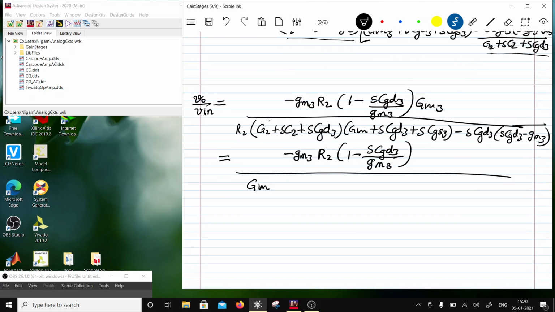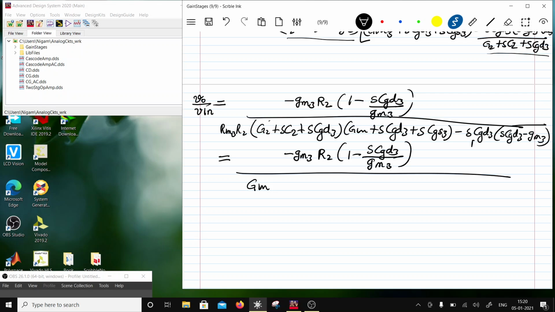Okay, so I'll be multiplying this. So this term, if it goes up, then there would be a multiplication with Rn3. And the same multiplication would be over here.